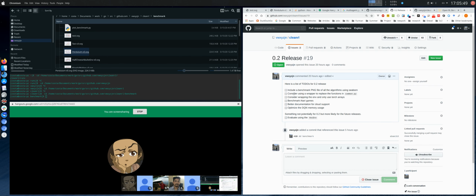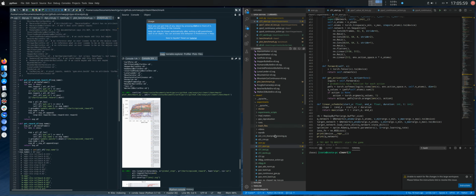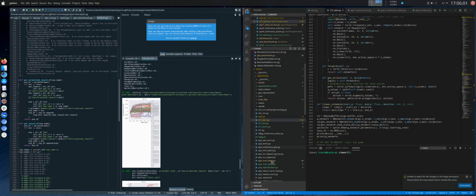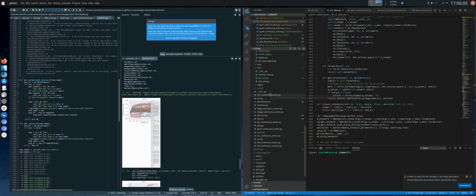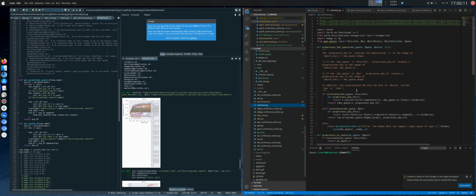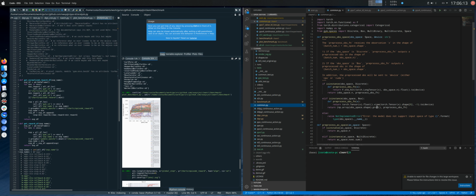And second, I'm trying to consider using a wrapper to replace the functions in the common.py. In the common.py, we basically have features to handle the discrete and continuous observation space. And I was thinking maybe we could use a wrapper to do this instead, and from an implementation standpoint, it might be easier.